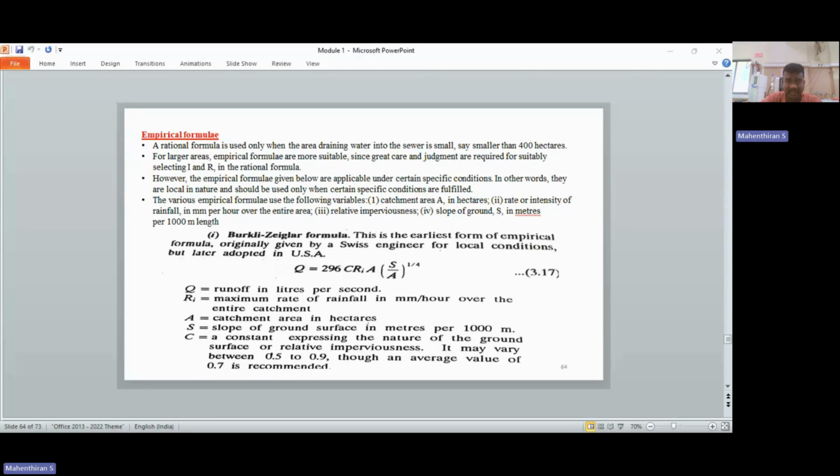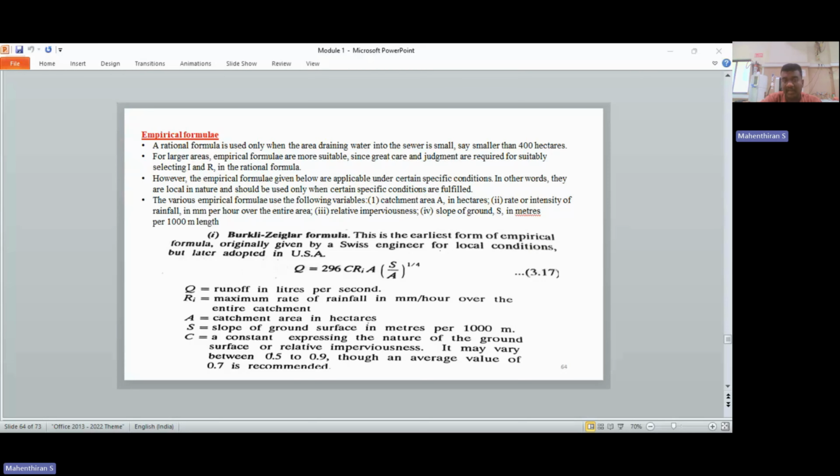The second problem is that the runoff coefficient, that is C, or impermeability factor, becomes extremely difficult to determine accurately for a large heterogeneous area with mixed land types, varying soil types, and different slopes. For these reasons, when the catchment area exceeds 400 hectares, usually we will move towards the empirical formula.